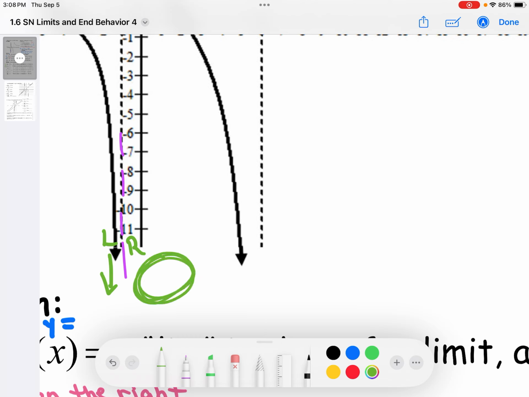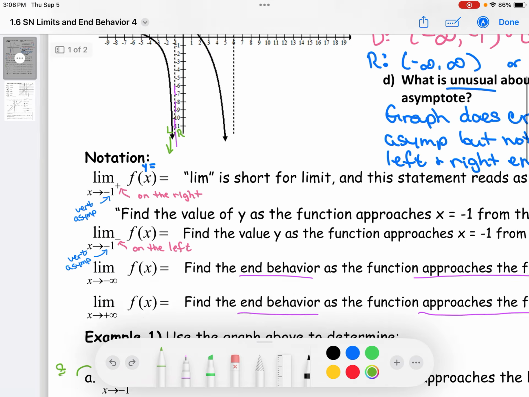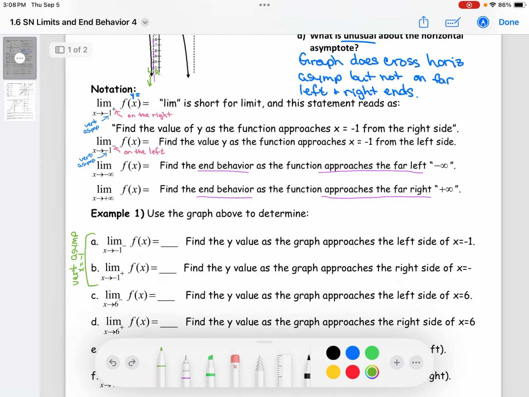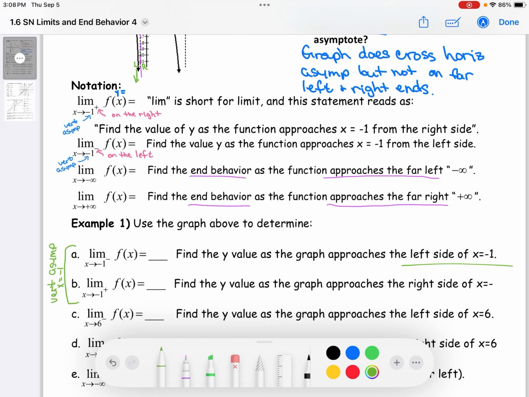On the right, there's nothing there at the bottom. So that limit on the left side of x equals -1 is all the way down. That's negative infinity.